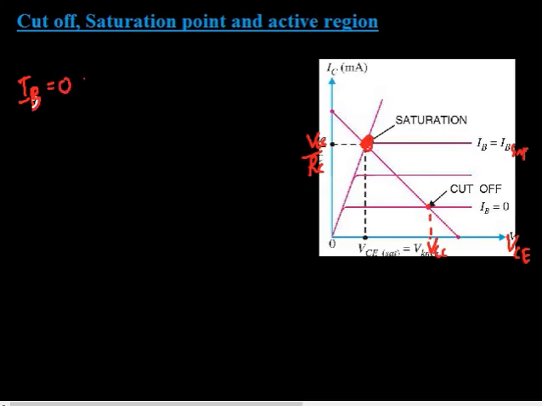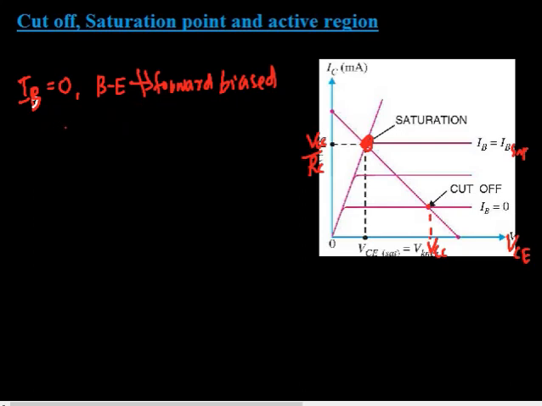IB equal to 0 means there is no base current. If there is no base current, we can say that the base emitter junction is no longer forward biased. If the base emitter junction is not forward biased, then it will upset the transistor action and we will not get any output, because we know that the output is the collector current.